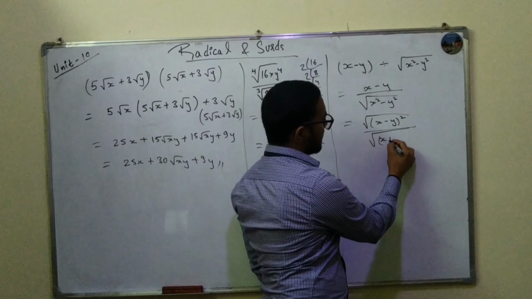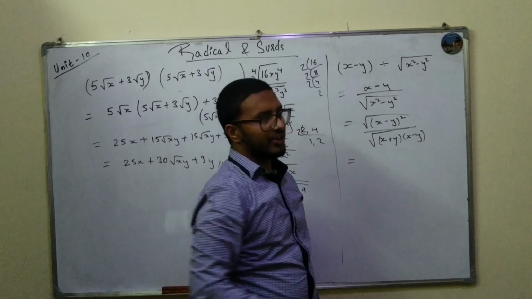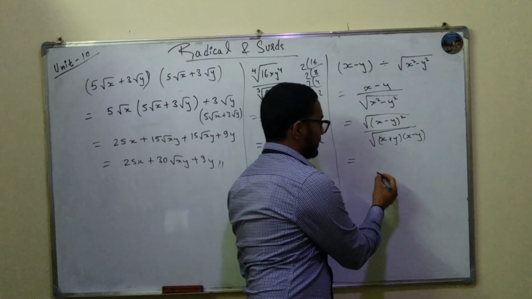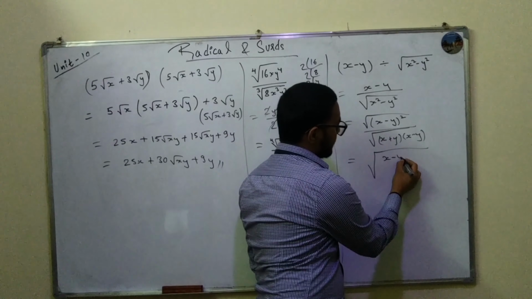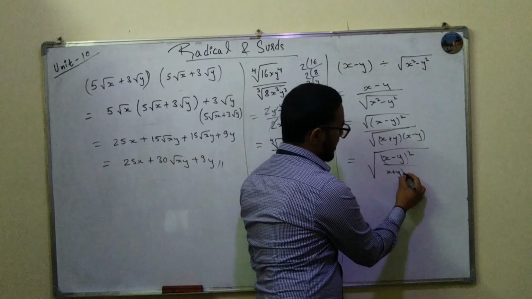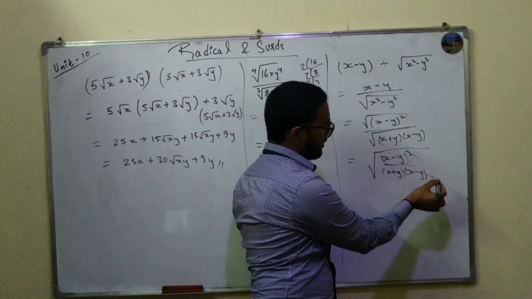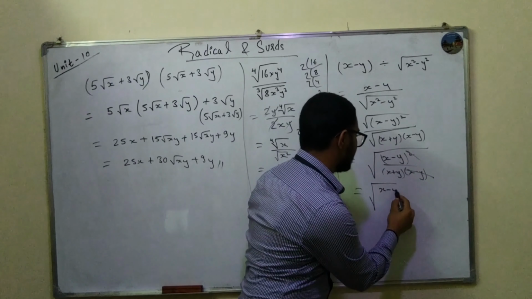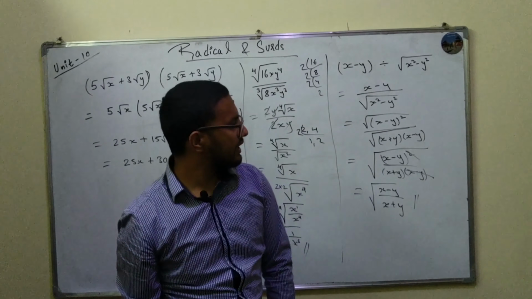I can write x plus y, x minus y. Since both have the same order, now we can make it into one square root: x minus y whole square over x plus y times x minus y. So we can cancel, and our answer will be under root x minus y over x plus y.